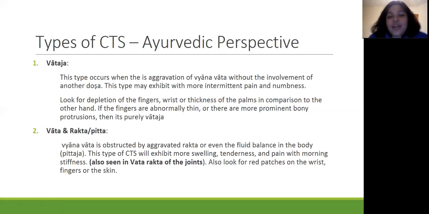So here again, we can see that these are more systemic issues, which again goes back to our same description of it being autoimmune. It is autoimmune. It's the doshas that get aggravated and then fight the body and then start to create abnormal changes in the body, okay?